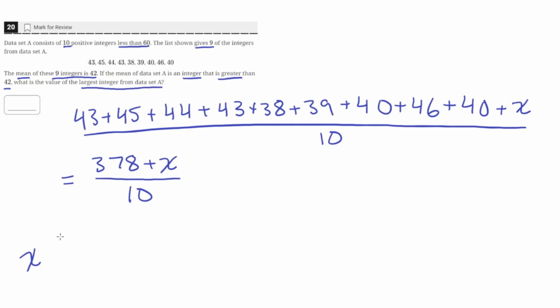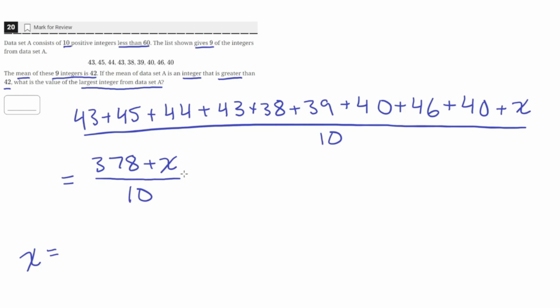Okay, so now if we look at x, we know that the mean of dataset A is an integer, which means that in order for this mean to be an integer, this numerator has to be divisible by 10. And that's only possible when the numerator is a multiple of 10.